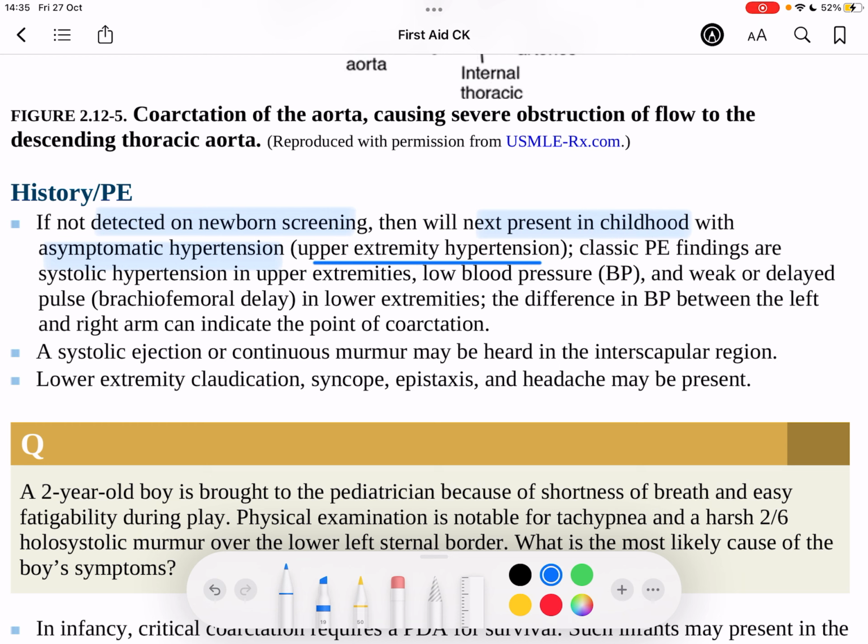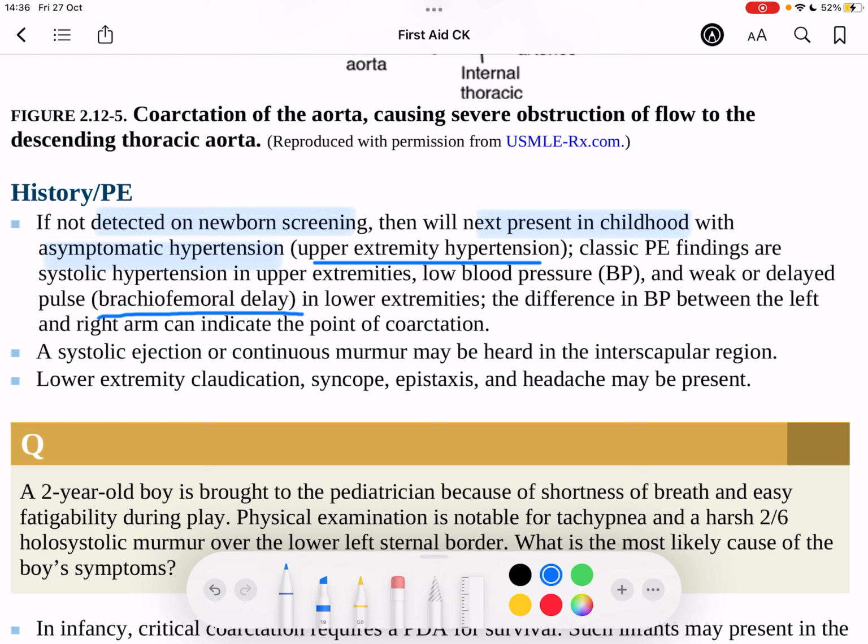And this is called the brachiofemoral delay. So if you have a case where they say the blood pressure in the arms was 140 over 90, but yet in the legs it was 110 over 60, then this is a huge brachiofemoral difference, and this points towards a coarctation of the aorta.